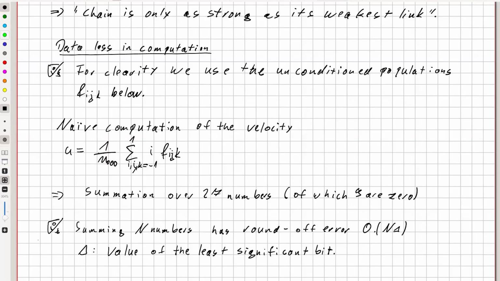Okay, now you see this is not very accurate. The least significant bit of what? Actually, it's the least significant bit of the largest number in the sum, right?